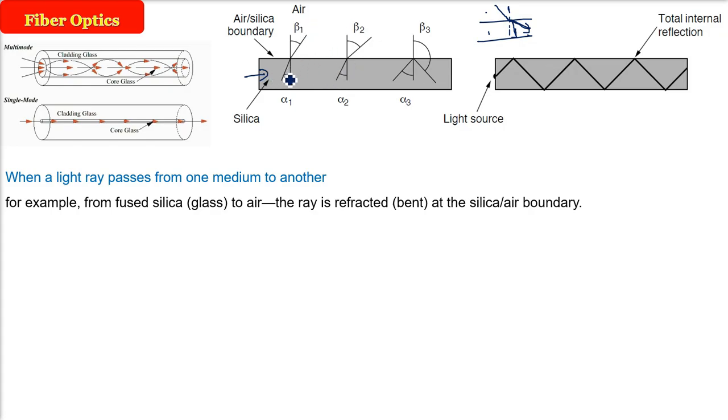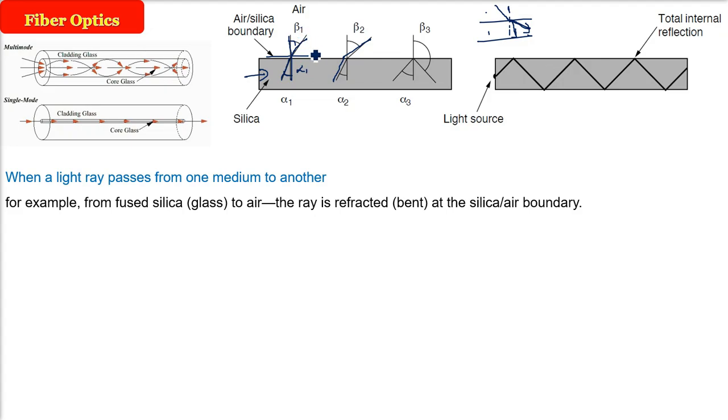The ray is refracted, that is, bent, at the silica-air boundary. The density of glass is higher, the density of air is lower, so when it goes out from silica to air, it bends away from the perpendicular line.